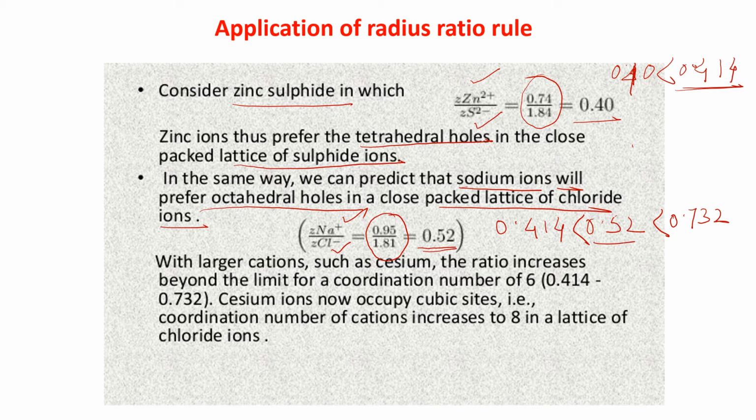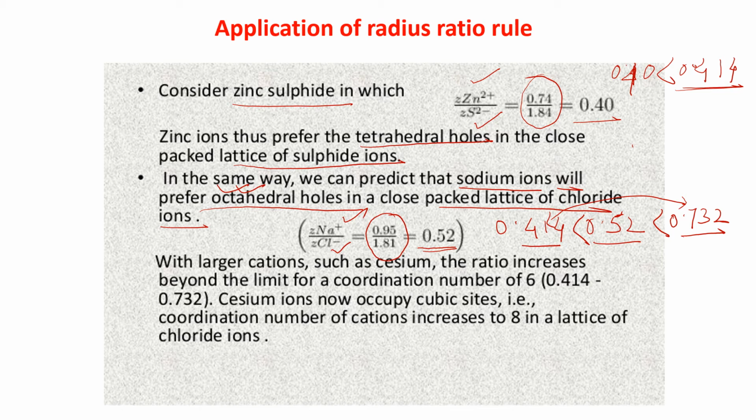Now, as 0.52 is greater than 0.414 and this 0.414 to 0.732 is the range for the octahedral. So as the radius ratio is coming 0.52, sodium ion prefer octahedral hole for sodium chloride crystal. I think you have understood.